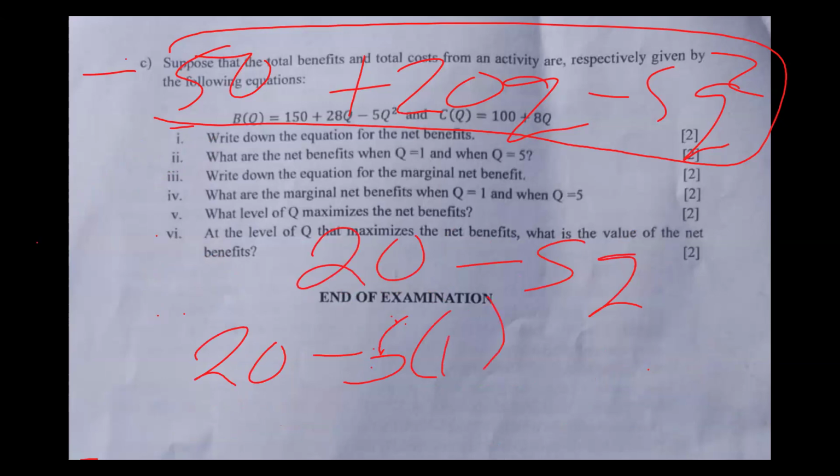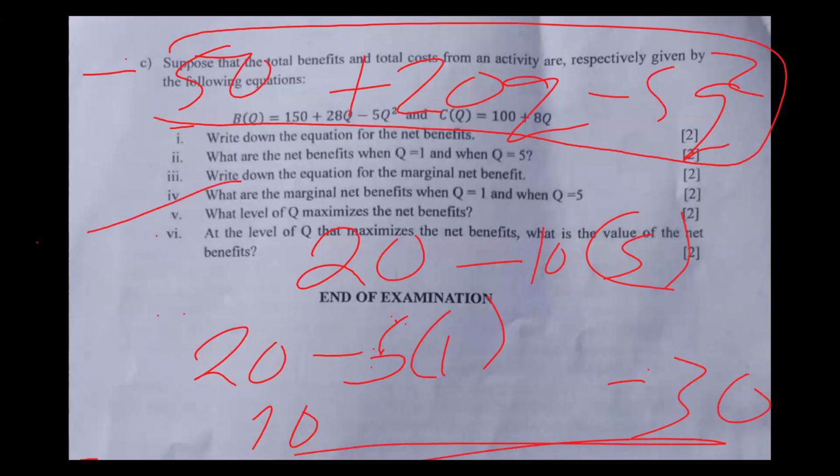For Q1, that is going to be 10 here. Then here, it's going to give you another 10 times 5, which is the negative.